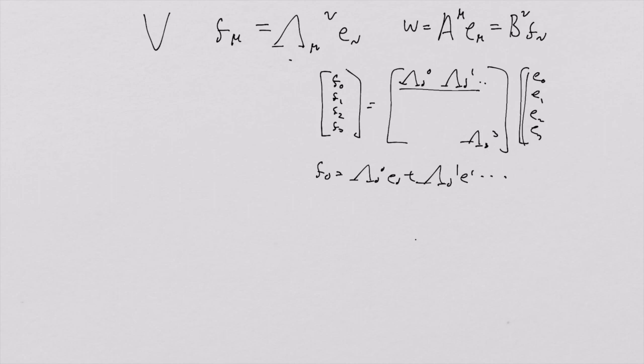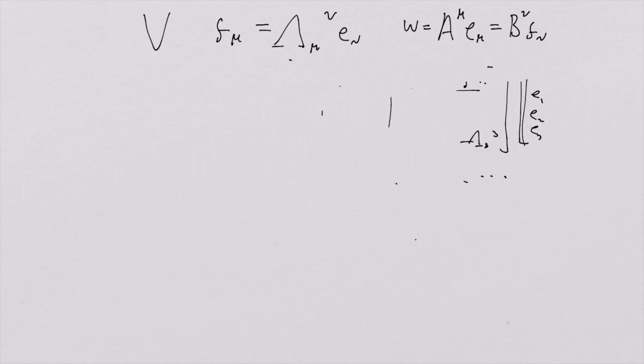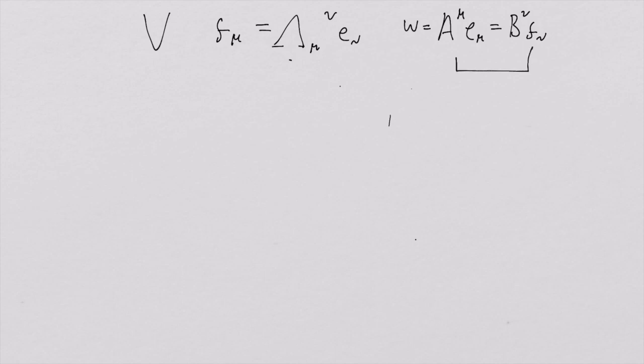Okay, let me erase this little digression here, and we'll go on to what I mean to talk about. Okay, so let's take a look at converting from this basis to that basis.